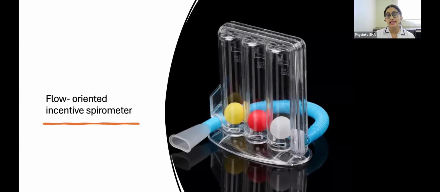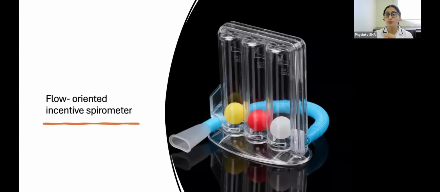Like you can see in this picture, there are 3 balls present in this device. And every time the patient takes a sustained, slow, and deep breath in, these balls are going to get lifted up and be suspended in the air.